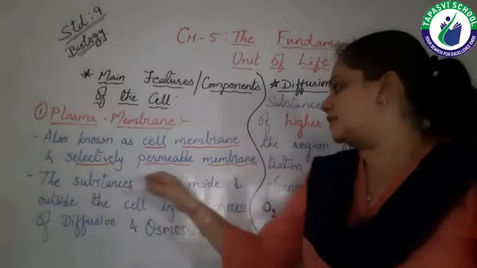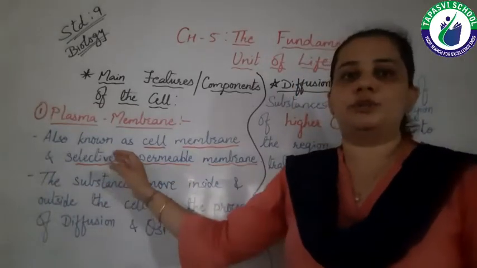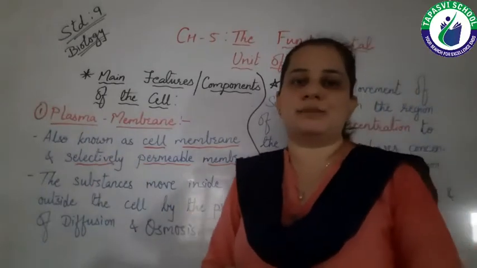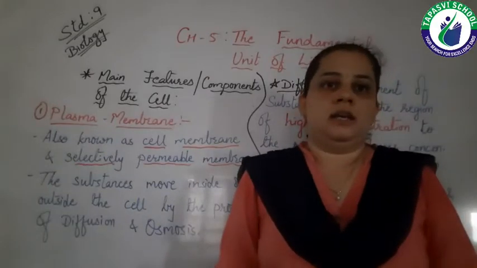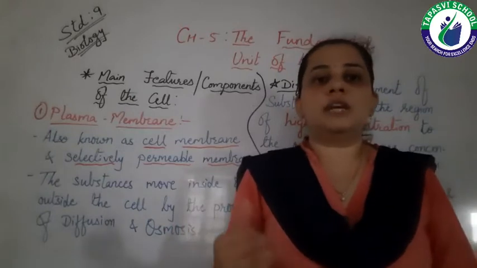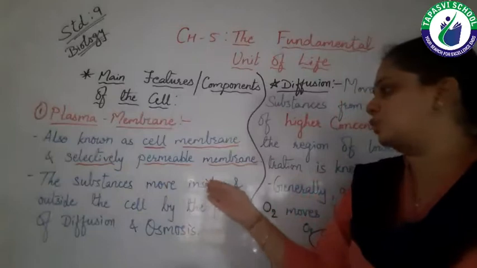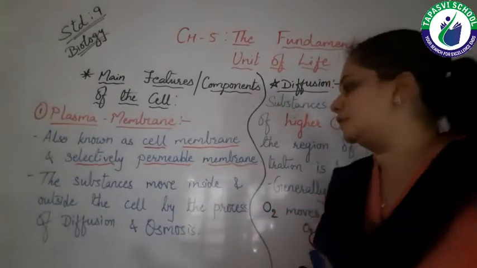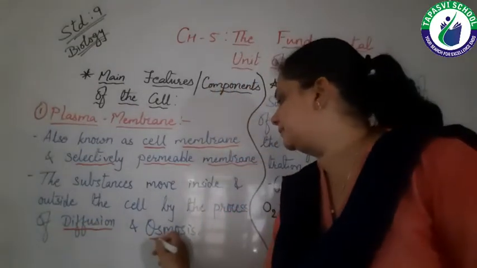The substances move inside and outside of the cell, as I told you, selected by the plasma membrane. But how do they move inside or outside? A cell does not have a mouth. So the substances move inside and outside the cell by the process of diffusion and osmosis.